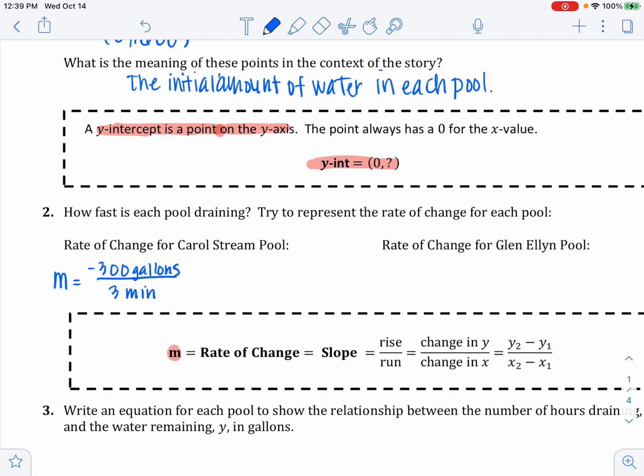Now I do want to simplify that, because I can simplify negative 300 over 3. That's negative 100 gallons every 1 minute, or we can write that as negative 100 gallons per minute. You can write per like that. So that is the rate of change right there, negative 100 gallons per minute.